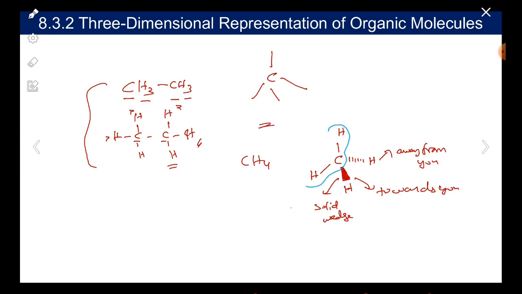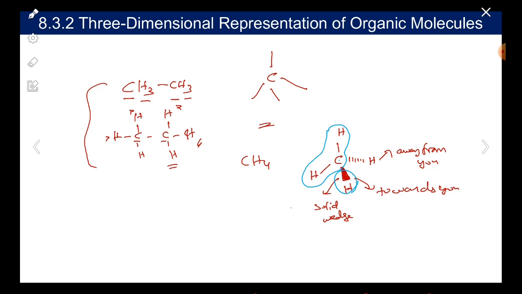What I'm trying to say is these three atoms are exactly on your screen, your laptop, your mobile phone, your tab, whatever you are watching on. These three atoms are on the screen, simply they are in the same plane. And this hydrogen, if you put a pen on the carbon atom vertically, the pen's top portion will be towards your face, right?